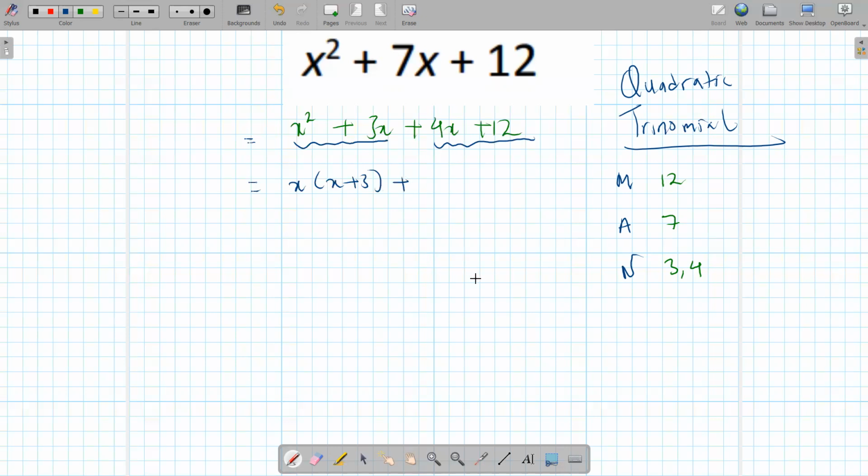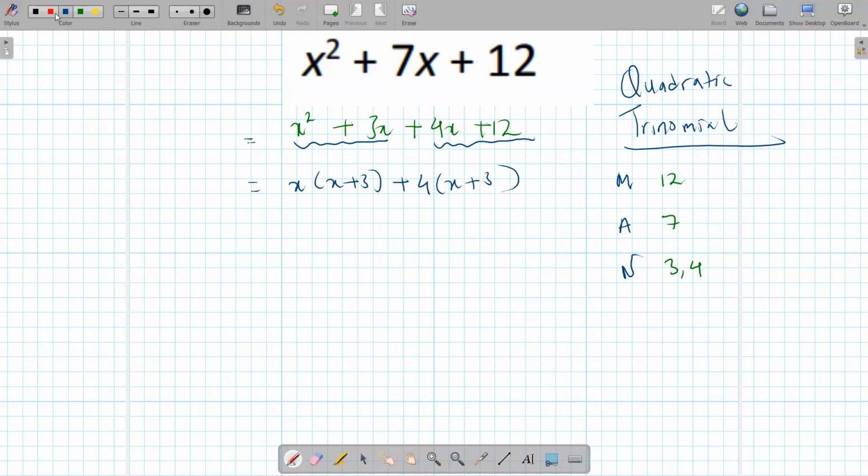From the next two terms, what do they both have in common? 2. No, GCF. They do have 2, but you want to pull out the biggest thing if you can. 4. Yeah. And what are you left with? X plus 3.